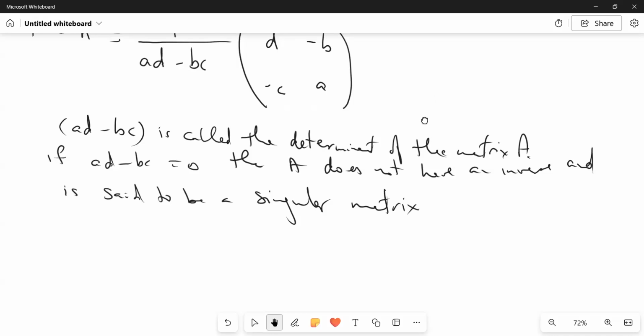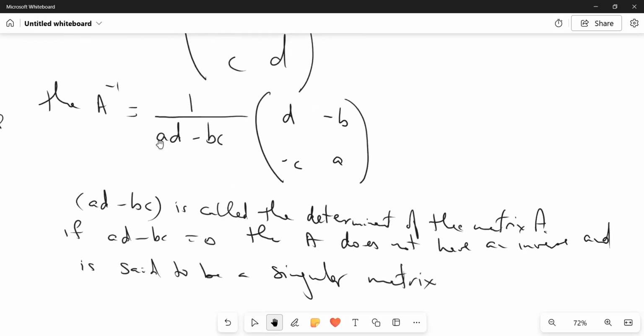So if the determinant is 0, the matrix doesn't have an inverse, right?